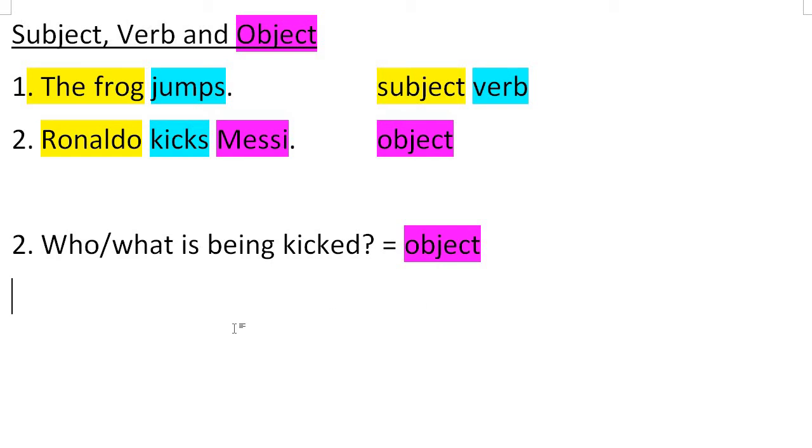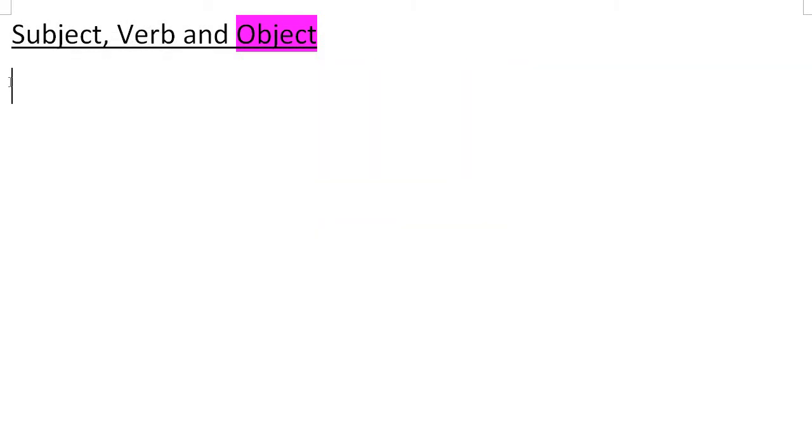So that's the simple way of seeing it, but it can get a little complicated, especially if you draw the wrong conclusions, because a lot of you are thinking, oh, the subject is always in the front of the sentence. It's always going to be the first thing I see, which is not correct.